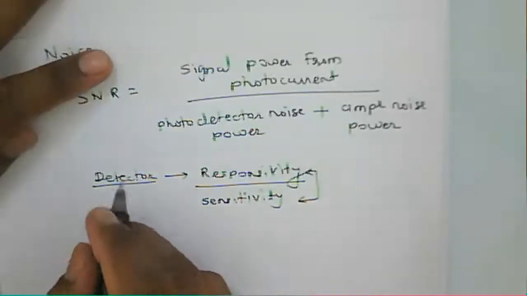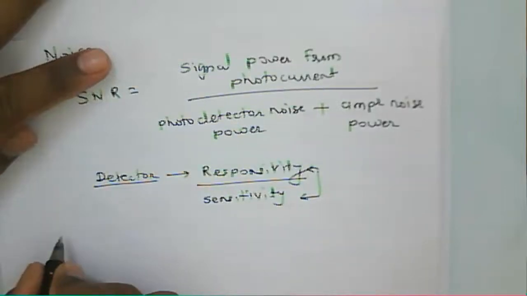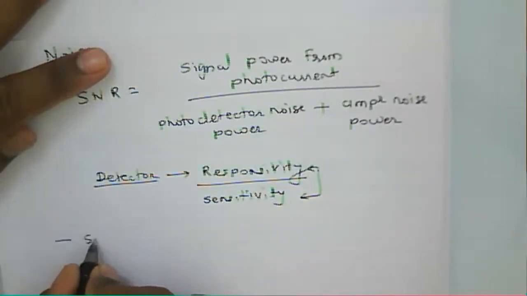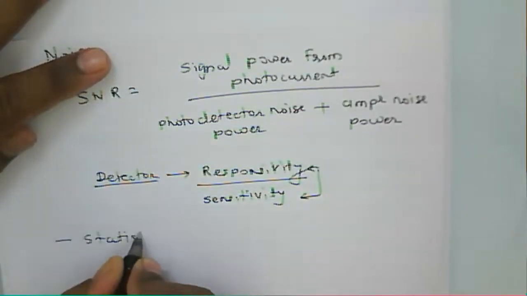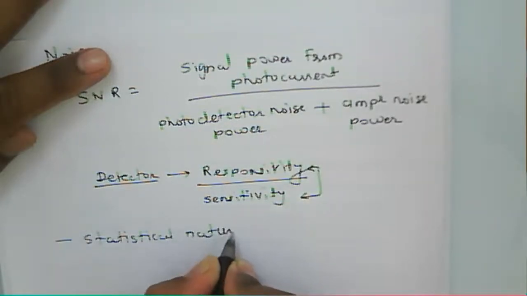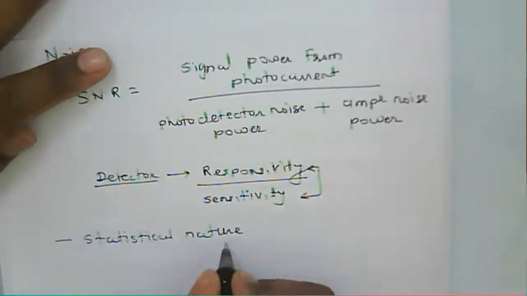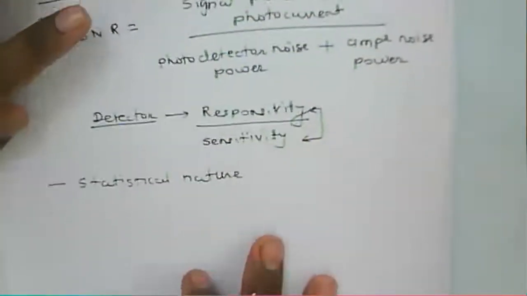So generally we say that the noise in a photo detector results from a statistical nature. And what is that statistical nature? A photon to electron conversion.